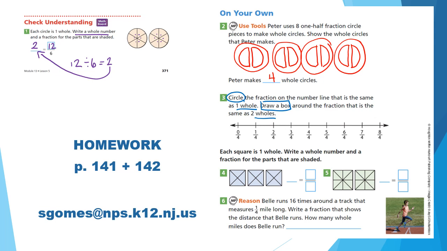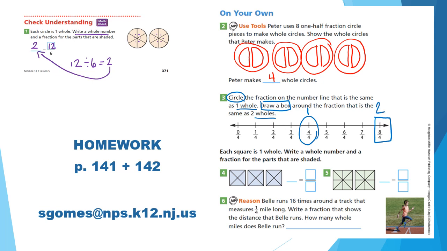That way I'm counting all the parts that are in my whole. So my 4/4 would show me 1 whole. Okay, and if it takes 4 parts to make a whole and I want to show 2 wholes, then I know that I want 8 parts, 4 and 4. So 8/4 would show me 2 wholes.